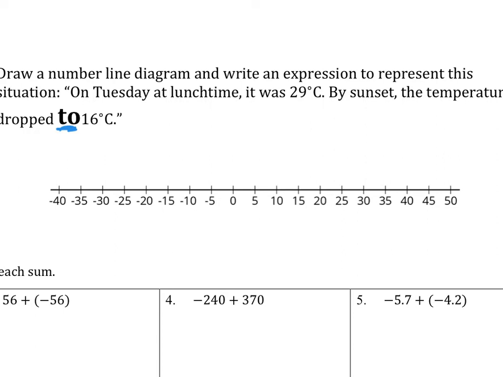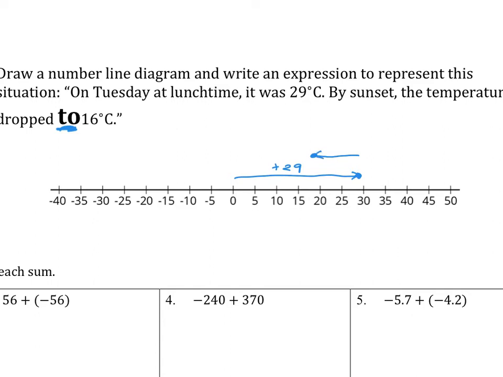So I'm going to start with my first number line movement, which is going from 0 to 29. So that's about there. So that's a positive 29 movement. And then I'm going to go from 29 to 16. So about there. Okay.